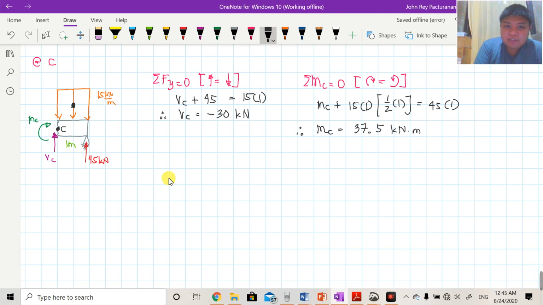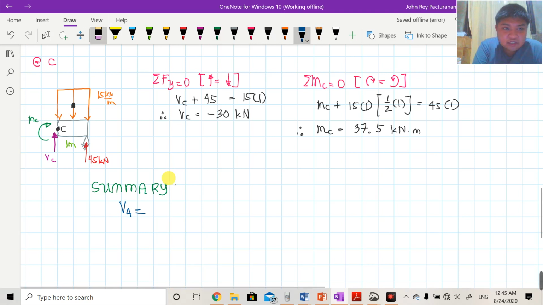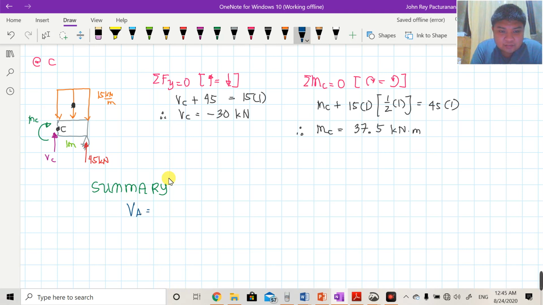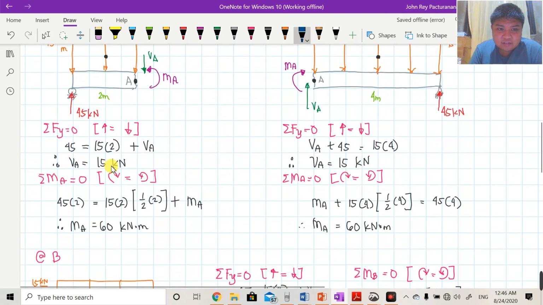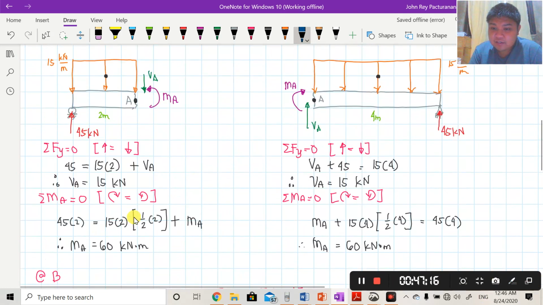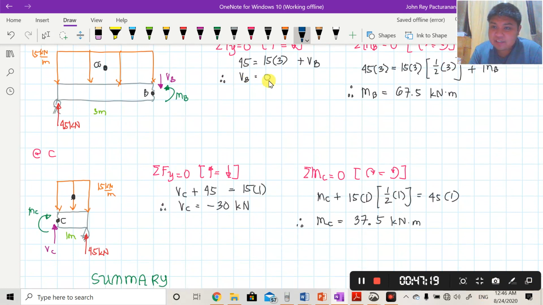So, para finalize na natin to, lagyan ko lang ng summary nung analysis natin, di ba? So, ano yung summary natin? Lagay lang natin na yung shear at A is equal to, ano ba yung shear at A natin? 15 kilonewtons, no? So, yung shear at A is 15 kilonewtons. Yung moment at A is 60 kilonewton meter. So, check lang natin sa taas. So, 15, 60. Tama siya, class. On the other hand, yung shear at B ay 0.